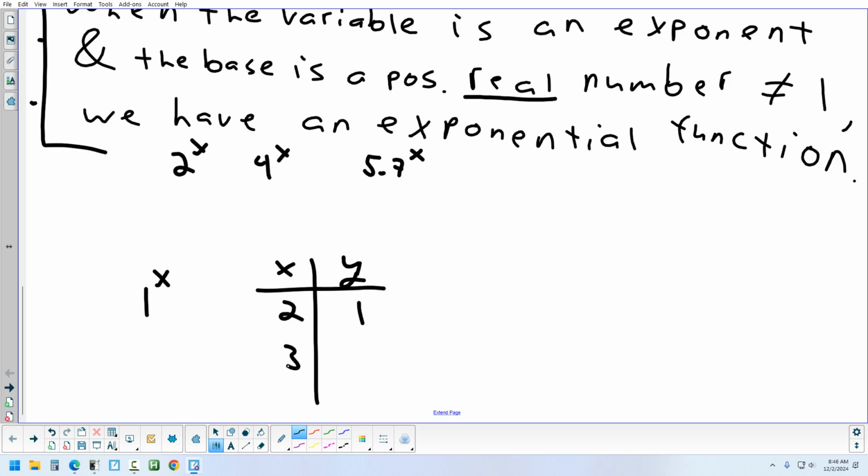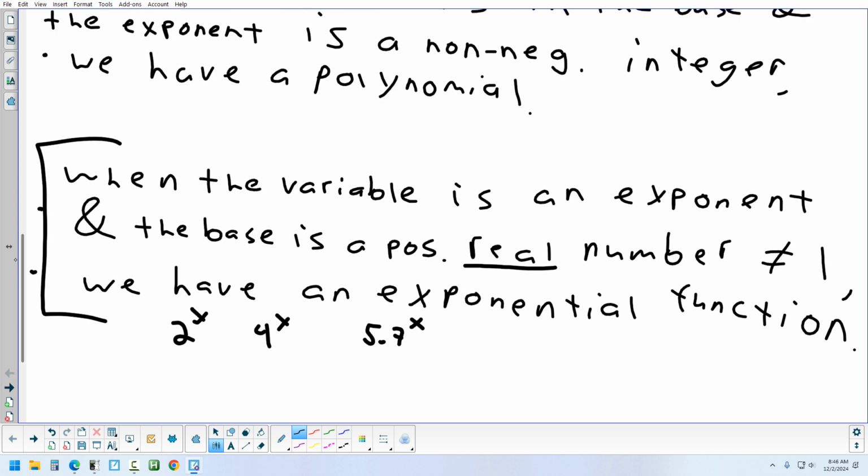How about if x is 3? What's 1 to the third power? 1. Let's see if x is 5. What's 1 to the fifth power? 1. So the problem is, since you're getting the same value all the time, that's called a constant function. As long as it's not a 1, then the answer you get will change. And that's what has to happen with an exponential. It has to change. Good question.